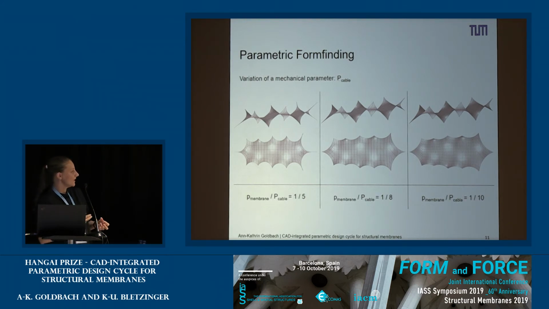So by moving around in my workflow, I can just change these parameters, perform correct mechanical analysis, and look at the outcome, and therefore make a decision on what I want my structure to look like.